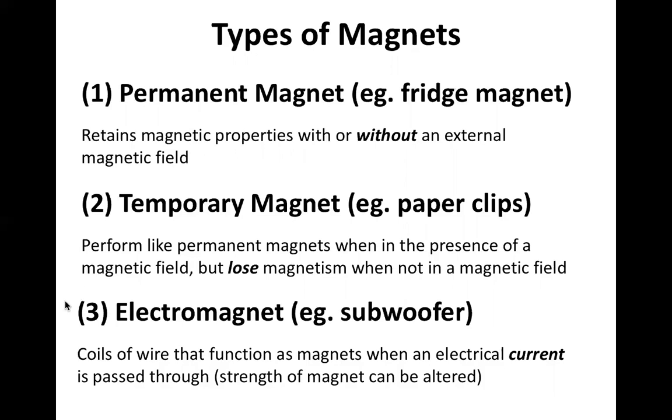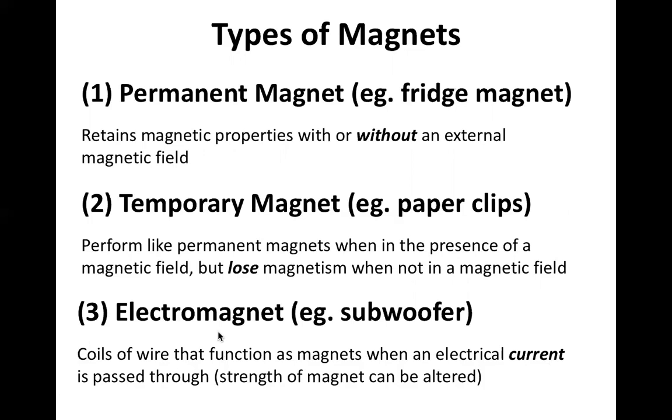We also have, very important in this chapter, electromagnets. So these are magnets that, you can maybe see from the name, we use electricity to turn on and off the magnet. So that's why we call them electromagnets. It is made up of a coil of wire that will function as a magnet when electric current is passing through it.